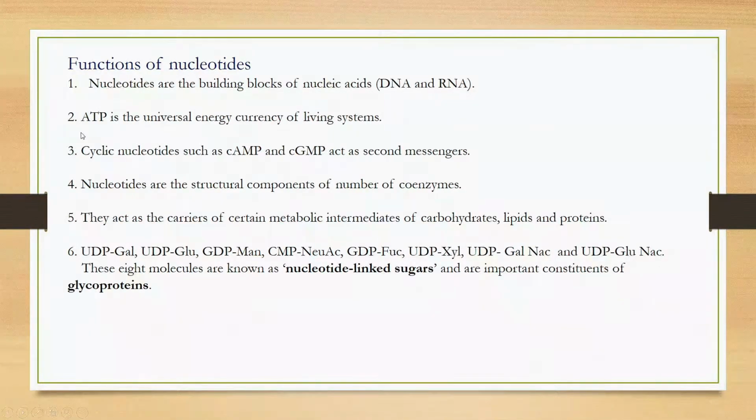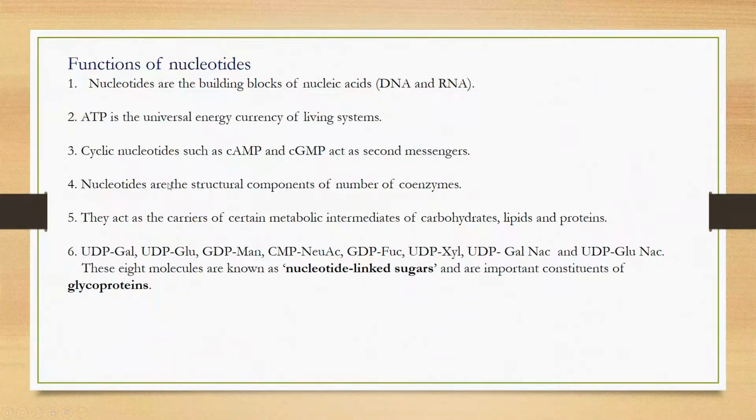Hydrolysis of the high energy phosphate bonds in ATP yields about 7 kilocalories per mole of energy, and the released energy is utilized for various cellular functions. Now you see the cyclic nucleotides like 3',5'-cyclic AMP and cyclic GMP that act as second messengers.